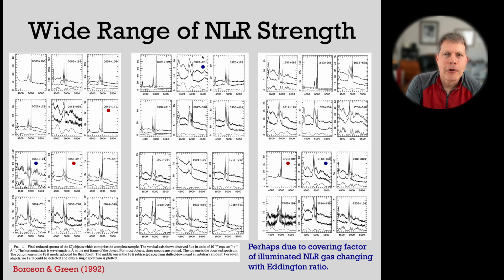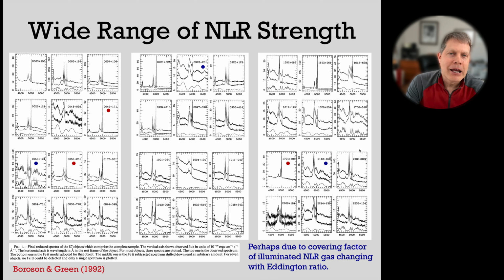And similarly here, look at this system. The O3 emission is very weak indeed. And similarly here, this is another one of my favorite quasars, 2112, and you can see the O3 emission is very weak there. So the point is, again, even at a roughly fixed luminosity, there's a wide range of O3 strengths.